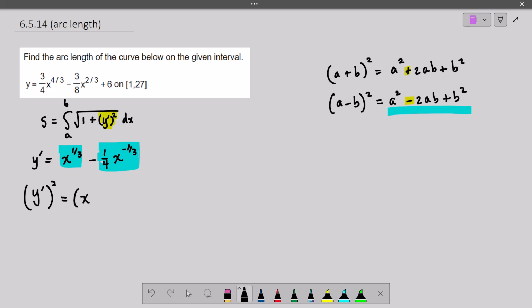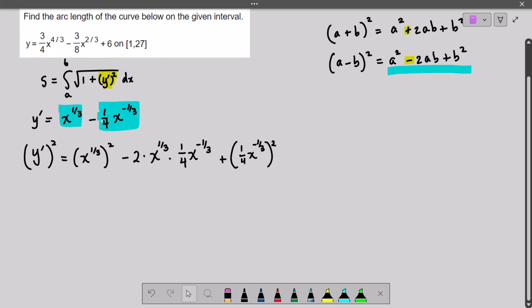So a squared minus 2 times a multiplied by b plus b squared. So don't square those out. Let's just keep on going here.